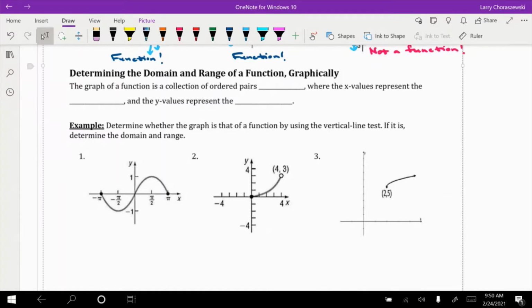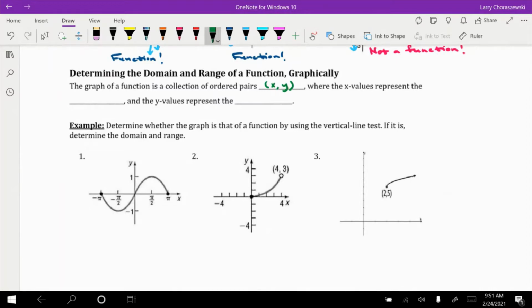So keep in mind that a graph is nothing more than a bunch of ordered pairs that have been plotted and connected. So a graph is made up of all the possible points, x comma y, that would generate it. So every point has an x value as well as a y value.